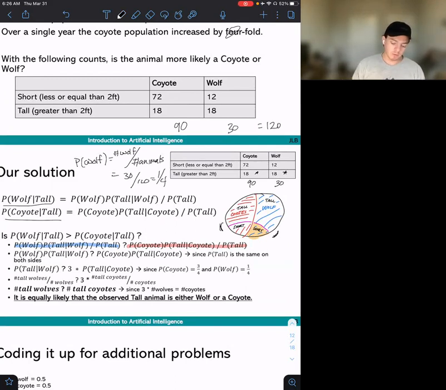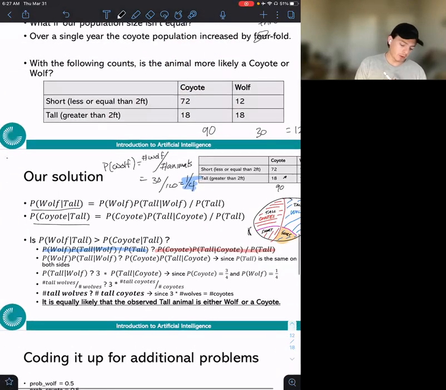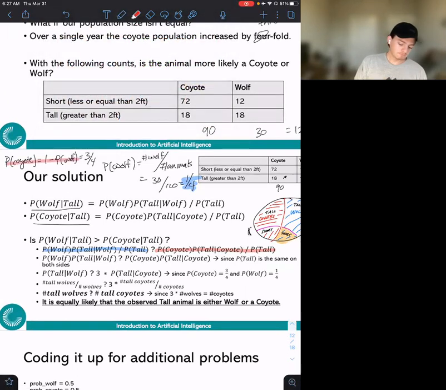And so the probability of a wolf is equal to 1/4. We can just directly know that the probability of a coyote is equal to 1 minus the probability of a wolf, which equals 3/4.